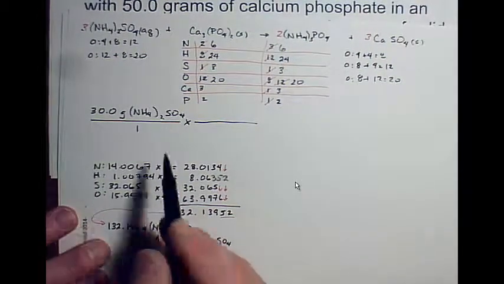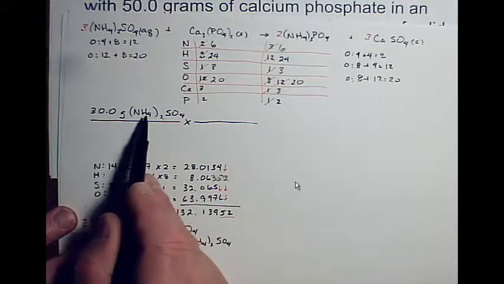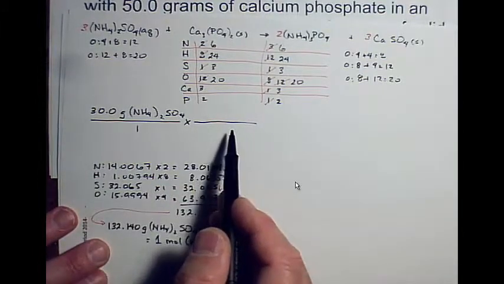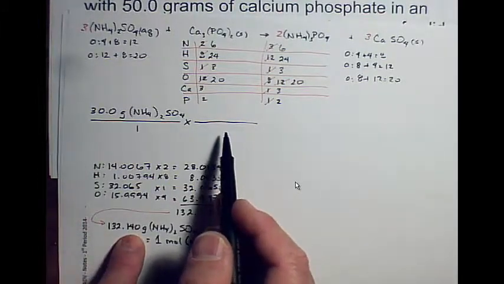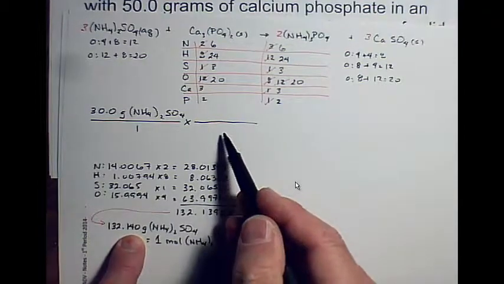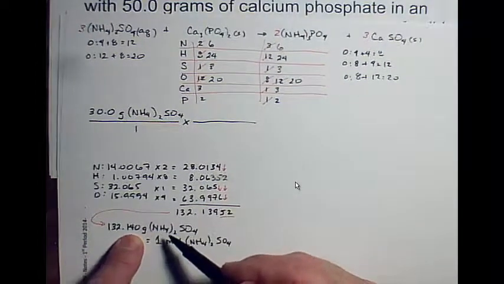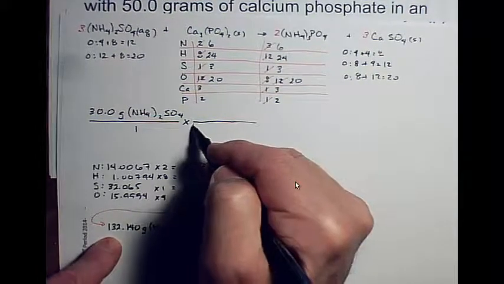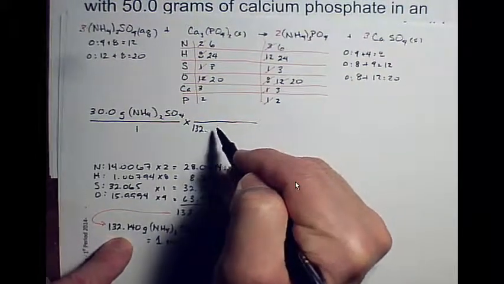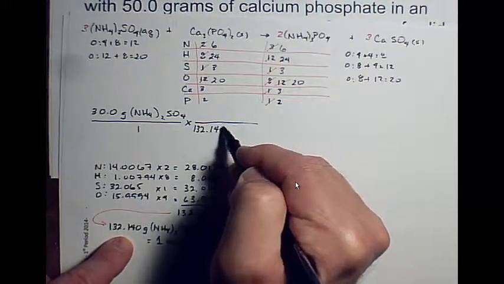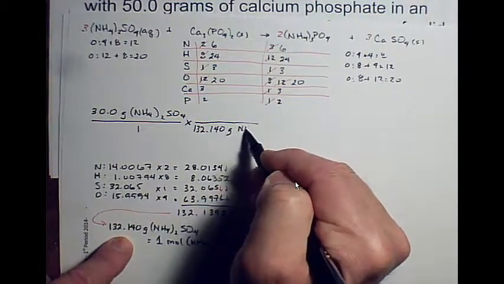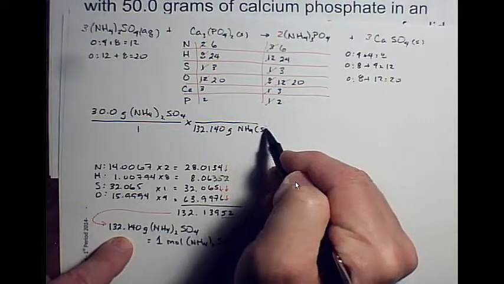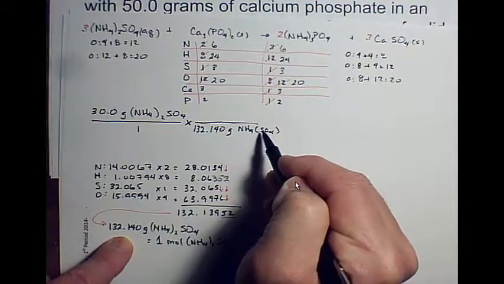We want to match the units and species we have here with whatever we put on the bottom. So it's the left side of this equality statement down here we want to put on the bottom, because it has the same units and species. Grams are units, species is ammonium sulfate. So we're going to put 132.140 grams NH4SO4.